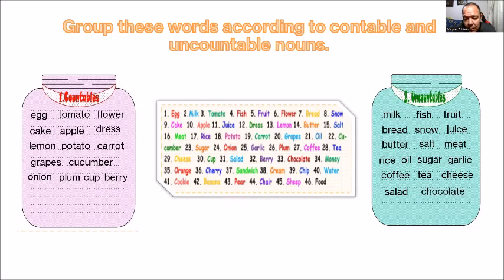Number 34, money, uncountable. Number 35, orange, countable. Number 36, cherry, countable. Number 37, sandwich, countable. Number 38, cream, uncountable.